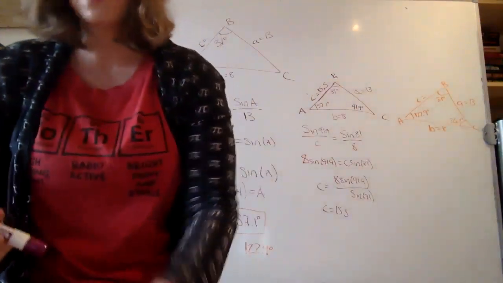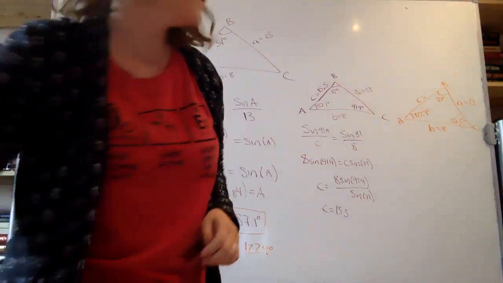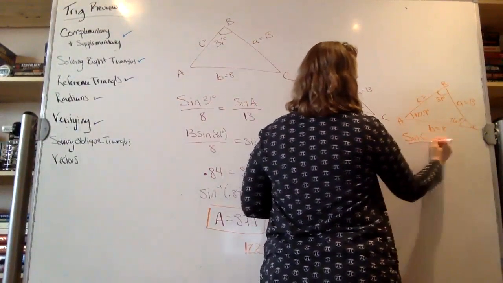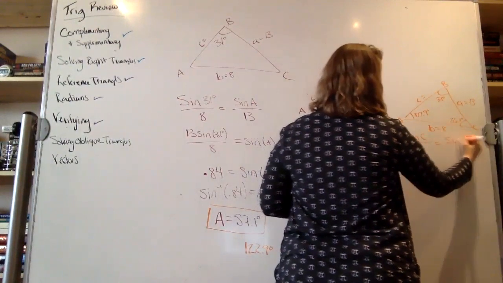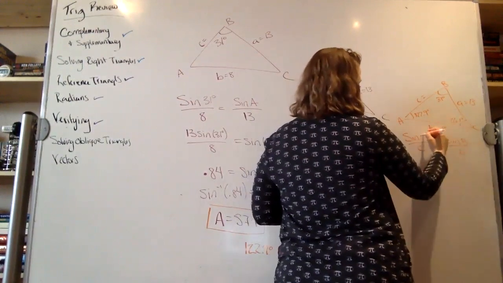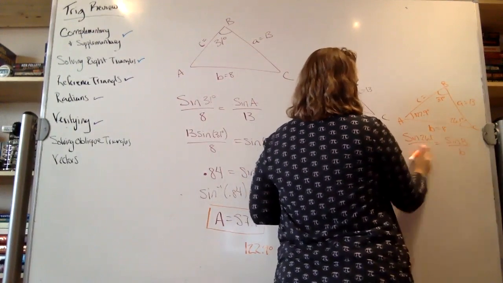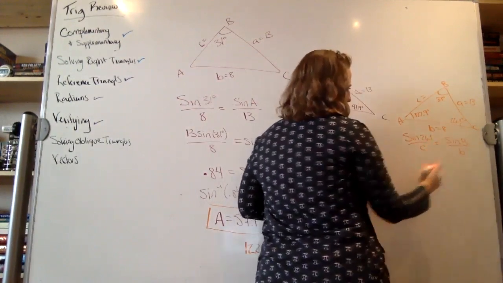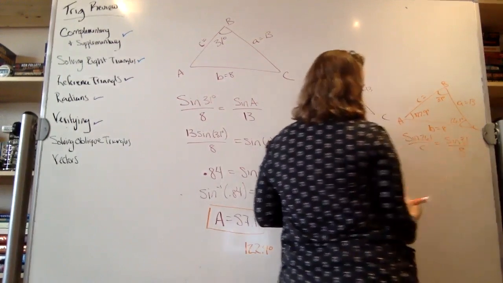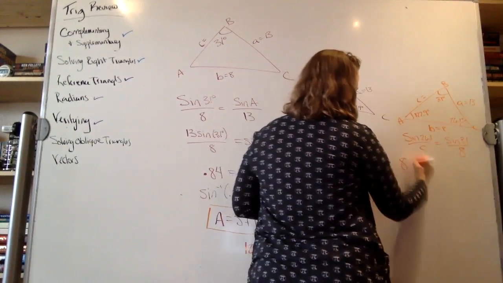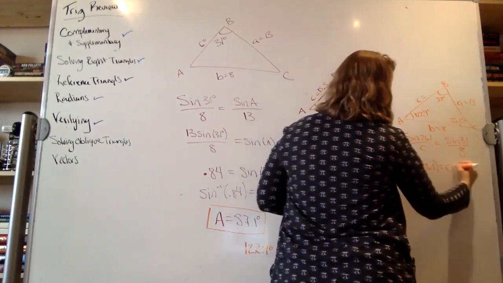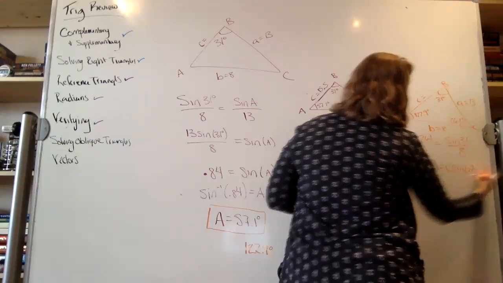Solving the other triangle, I'm going to solve it exactly the same way. I'm going to use sine of C over C equals sine of B over B. Here, my angle C is 26.1. My little angle C is what I'm looking for. B is still 31. Side B is still 8. Cross multiplying gives me 8 sine of 26.1 equals C times sine of 31.